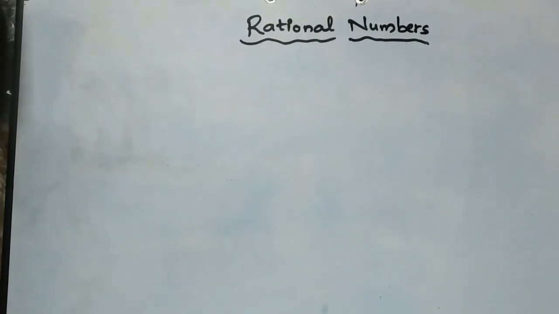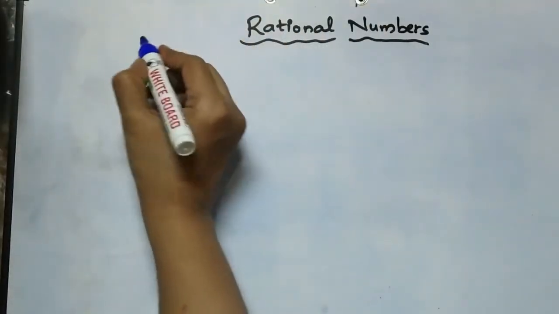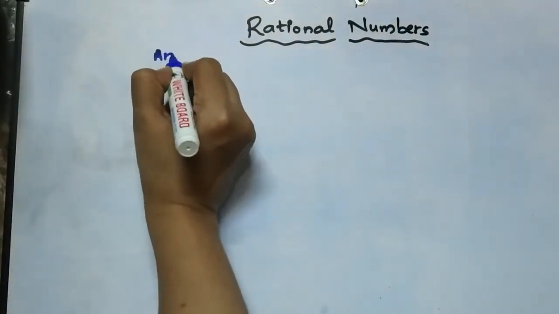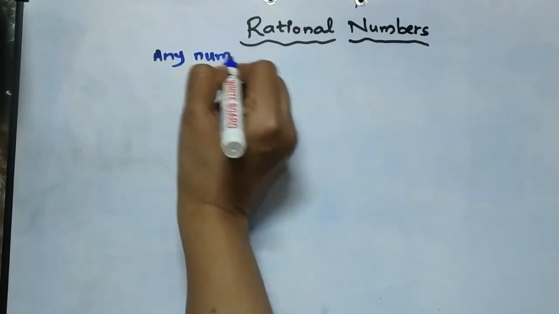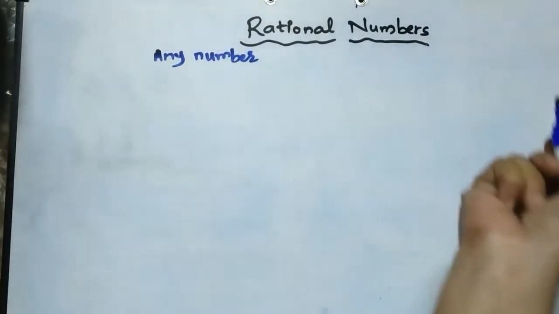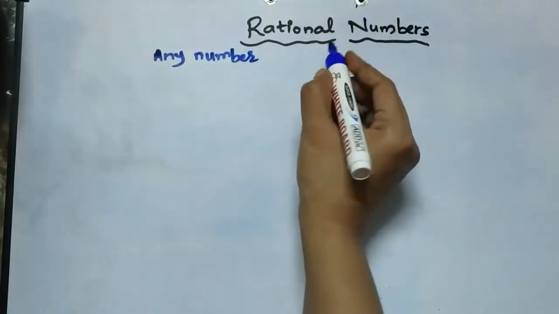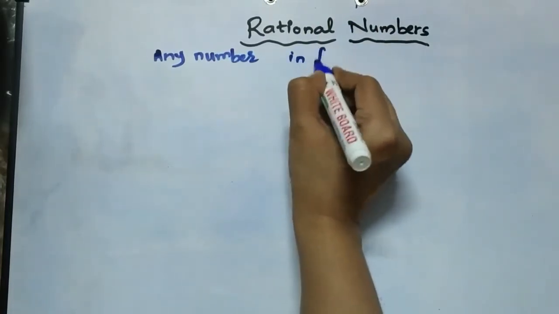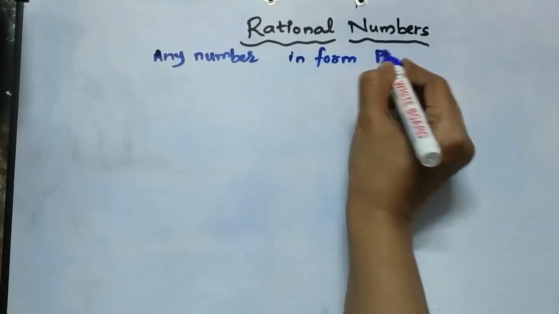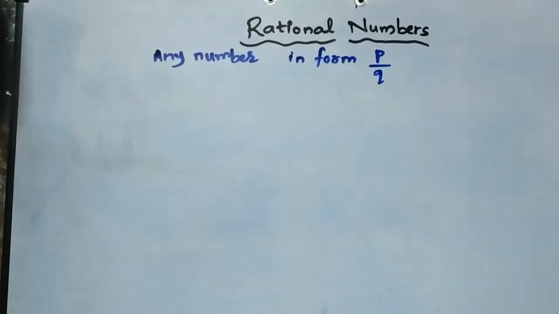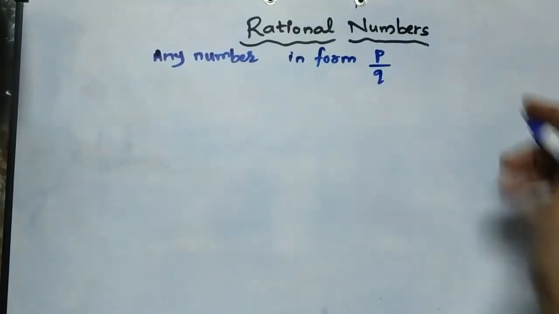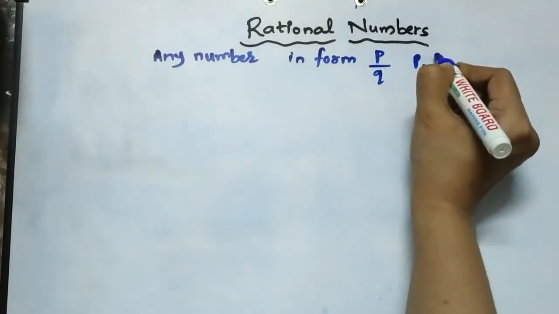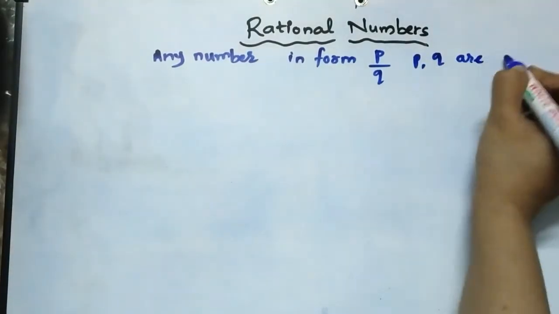A rational number is any number which is in the form, or that can be represented in the form, P by Q, where P and Q are integers.